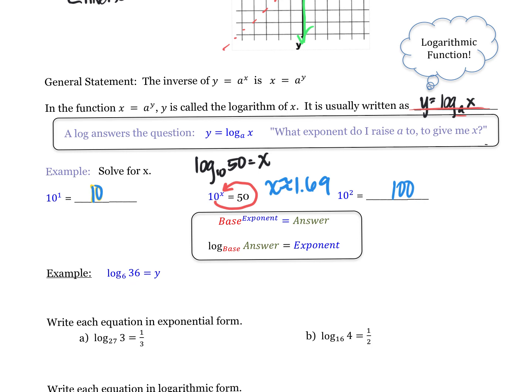Yeah, right? So when our log is base 10, we're good. We can just hit this button, which is so nice. Only when it's base 10? Only when it's base 10. So if I just wrote log of 50 equals x, this is implied base 10. We don't even have to write the little 10 down there. It's just implied when there's no base written, it's base 10, because that's our number system.